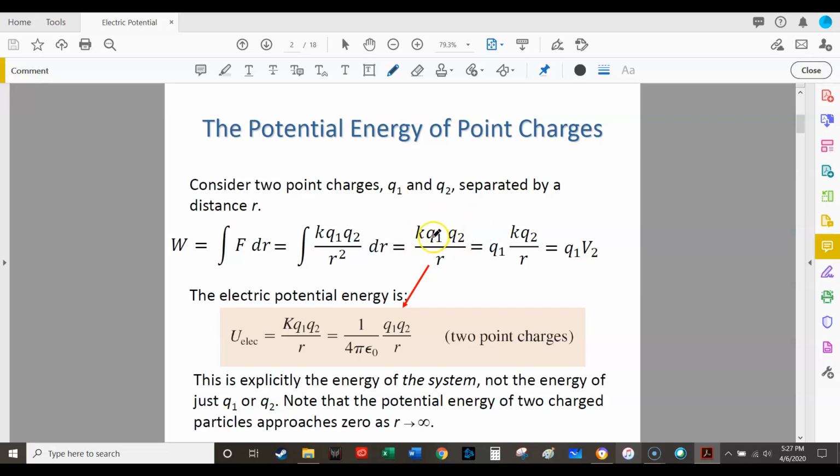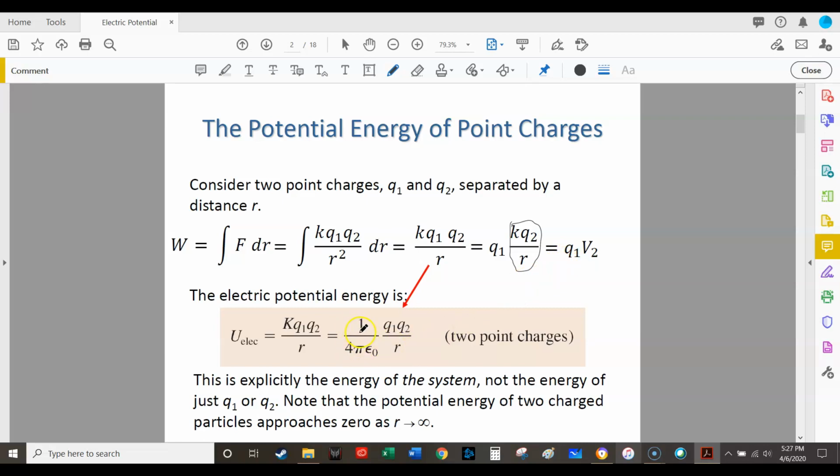So we're going to pull Q1 in the front, which we did right here, and now highlight this, and this is kQ1Q2 over r. Well, that is just a voltage due to the Q2 charge. And that voltage due to the Q2 charge is going to be working on Q1 and creating an electric potential energy.